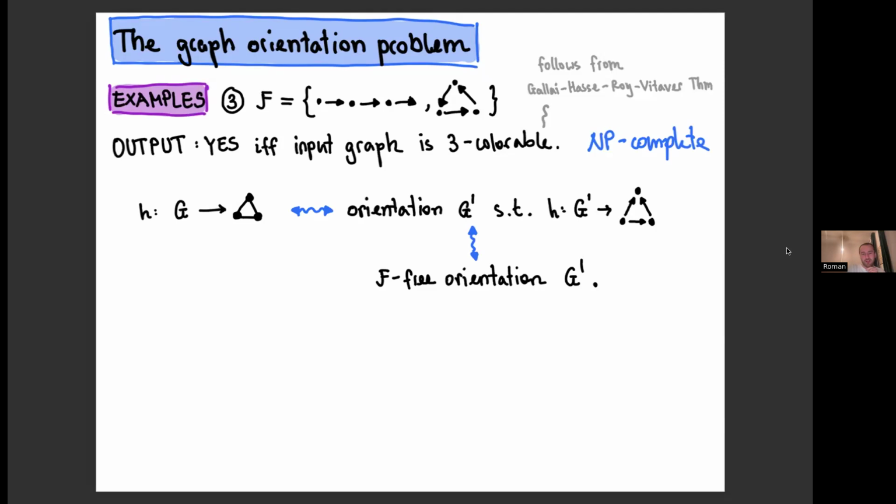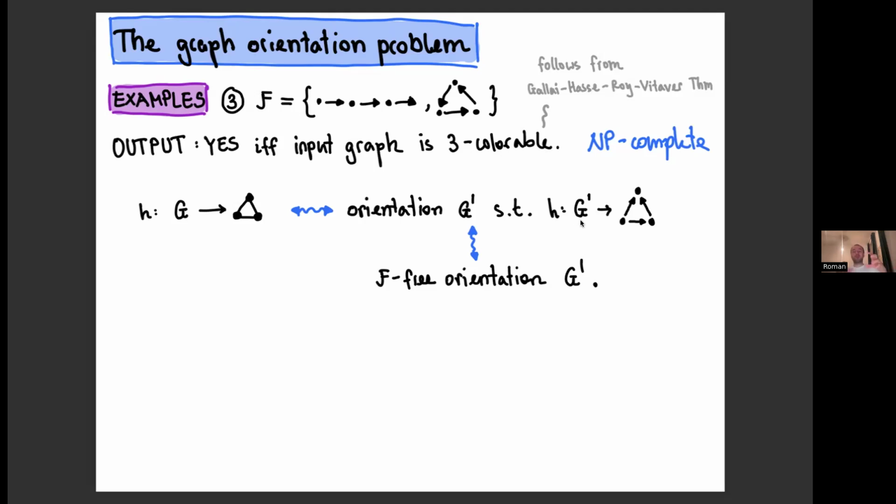And also an orientation G prime mapping into the acyclic triangle is basically the same as an F3 orientation G prime. So why is that? Well, if we have an orientation G prime that homomorphically maps into this acyclic triangle, then neither the three walk nor the cyclic orientation of the triangle can possibly homomorphically map into G prime.